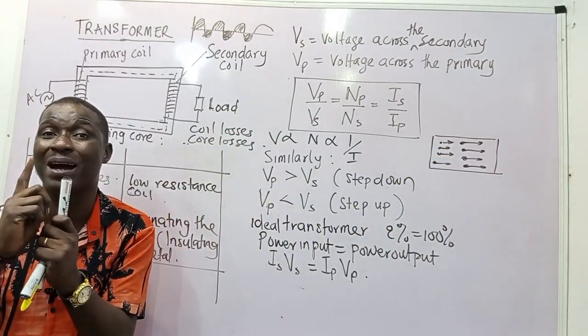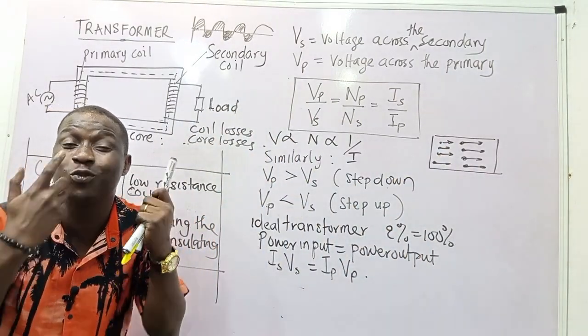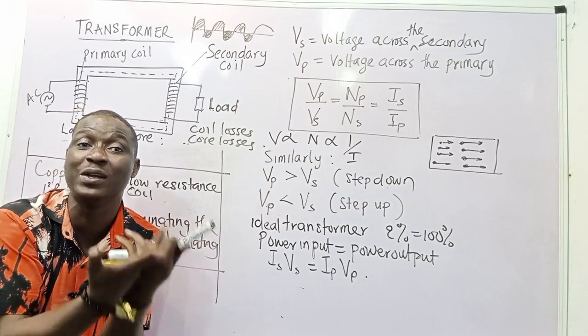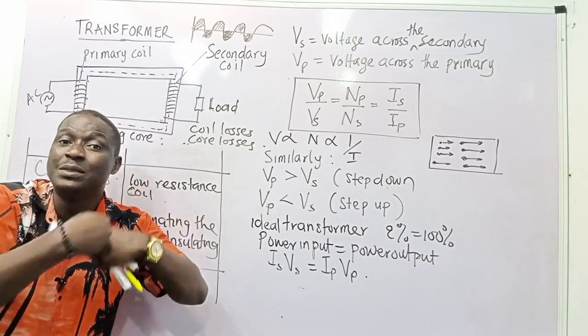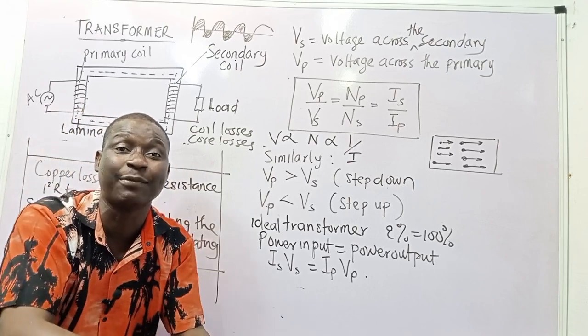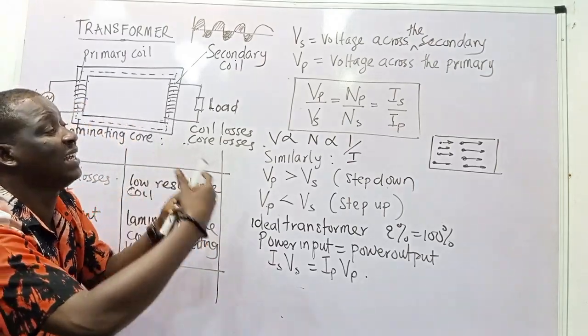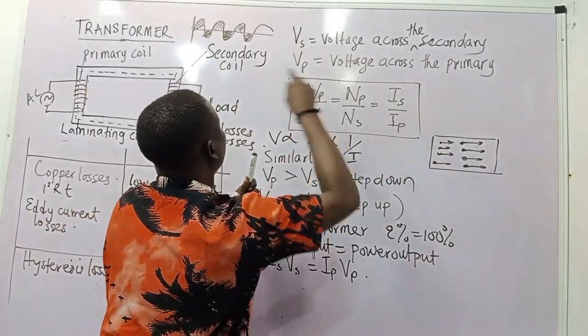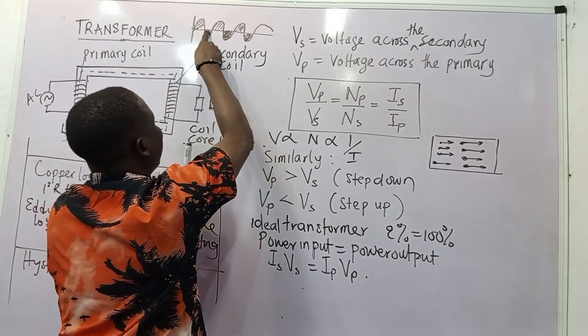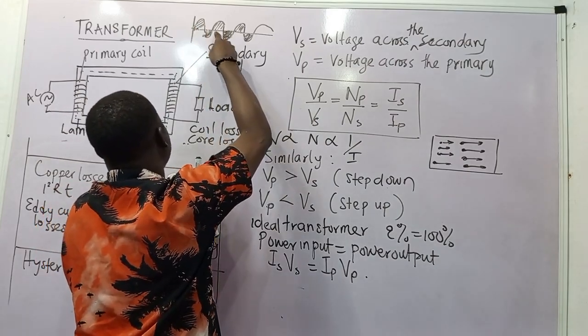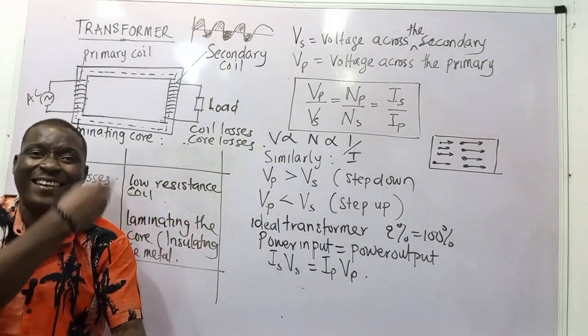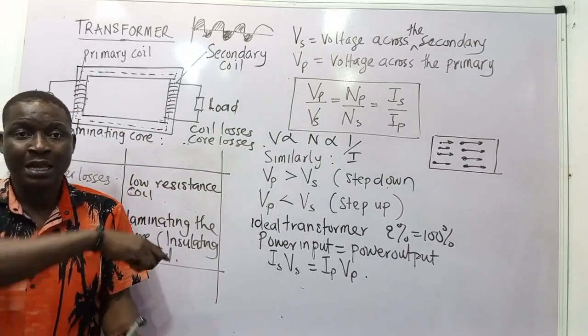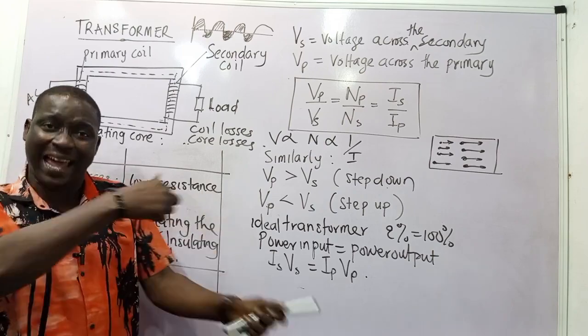Don't forget, one way to magnetize a particular magnet is connecting it to a DC. But one way to demagnetize a magnet is connecting it to an AC source. So when you connect it to an AC source, the magnetic molecules inside the magnetic domain will magnetize. At the point of demagnetization, they realign themselves again. Then when they magnetize again, they realign again.